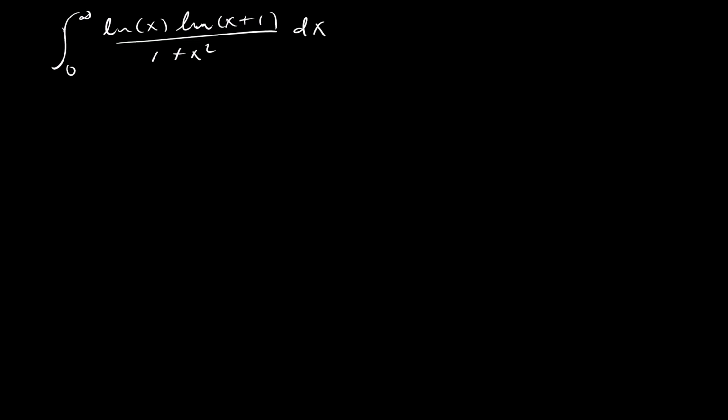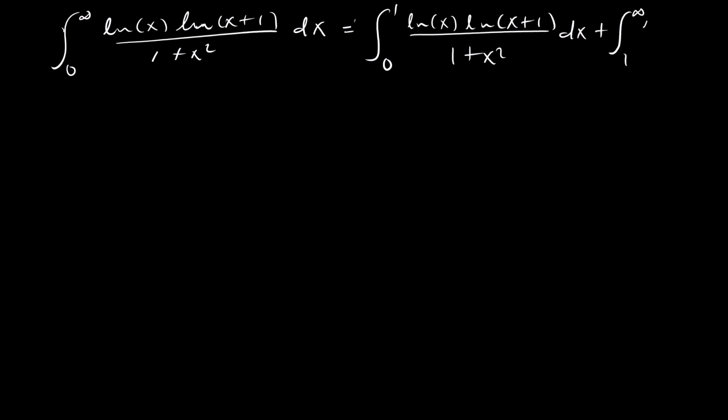So this integral can be split into the 0 to 1 domain and the 1 to infinity domain. Right? And so let's focus on this part here for a minute.